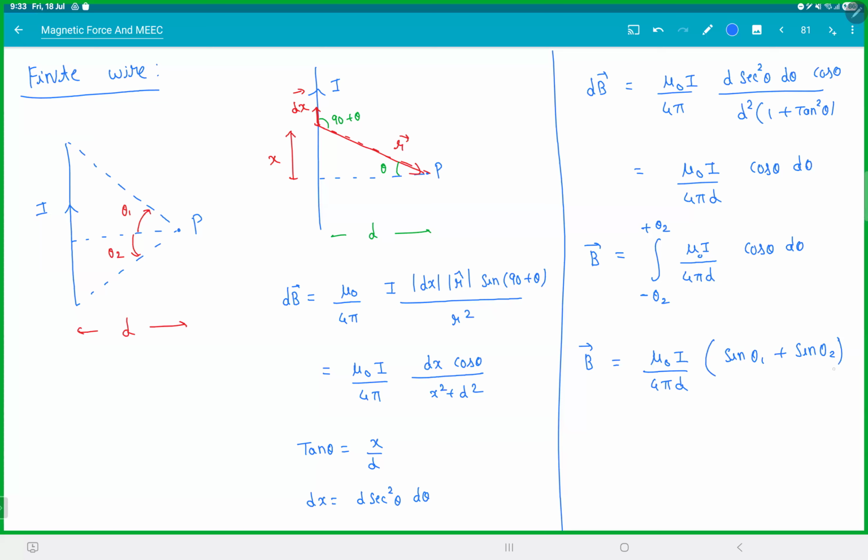The direction I'll show you. So that's it. There's only one component. Unlike the electrostatics one, here the result is not really that complex. And it really doesn't matter who you take as theta 1 and theta 2, because both are addition, they will add up. Clear with this?